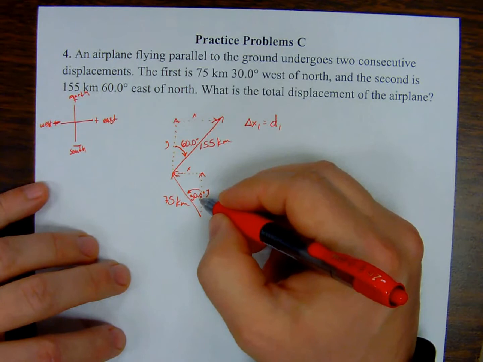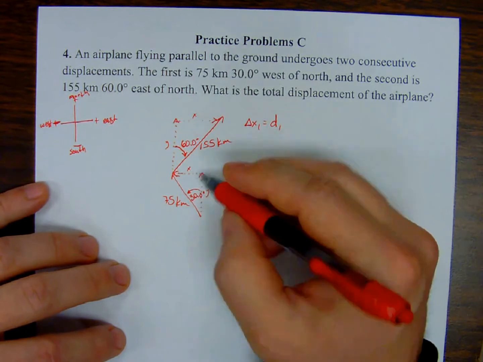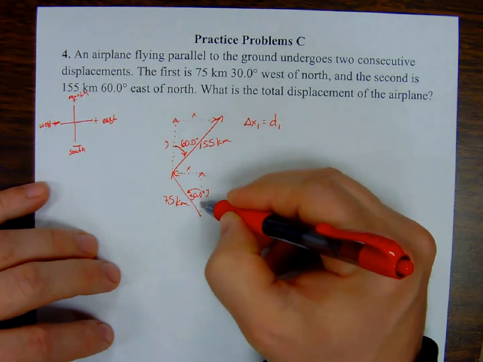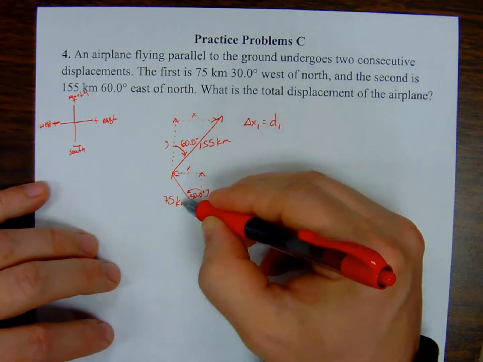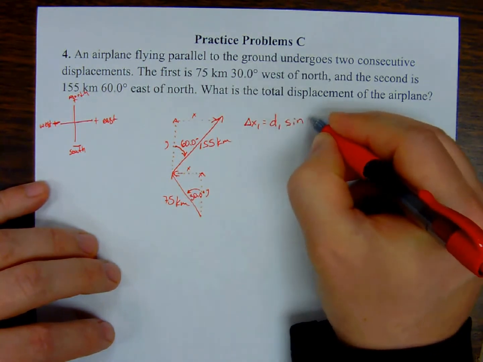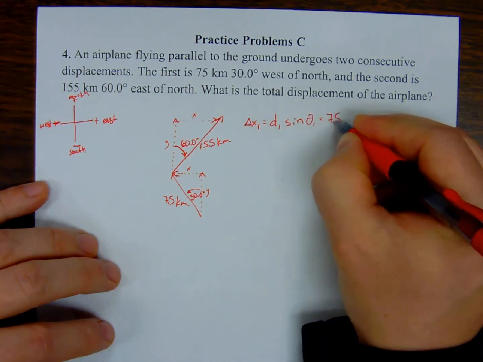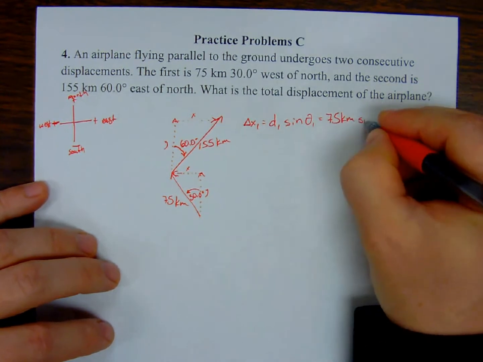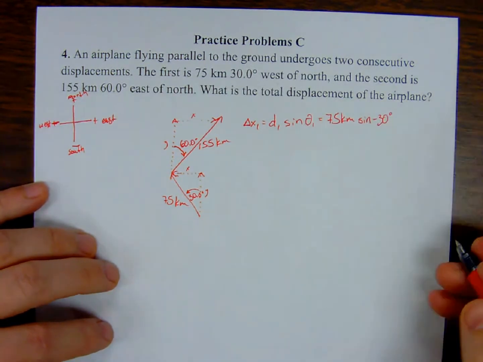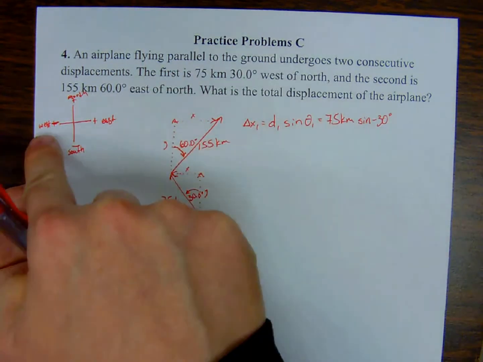The 30-degree angle is right here. The x component is opposite over hypotenuse. So I'm actually going to use the sine of the first angle. So it ends up being 75 kilometers times the sine of negative 30 degrees. It's negative 30 degrees because the movement was to the west, and again, I define west as negative. So using 2 significant figures, that is a negative 38 kilometers. Negative. It's very important here.